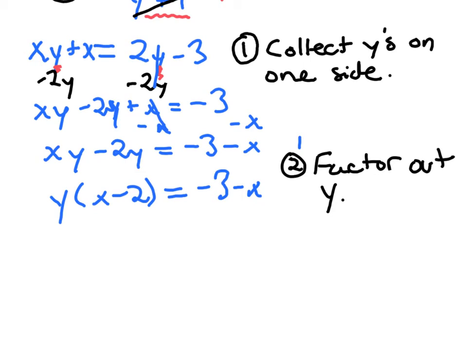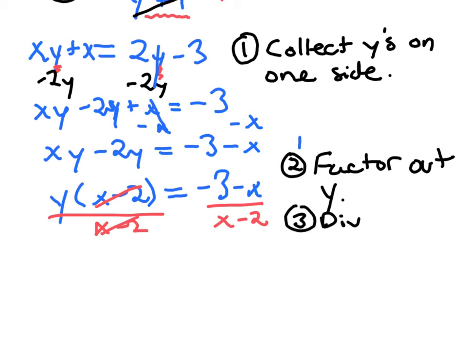And then one last step, divide by this other factor to get y by itself. So divide by x minus 2 on both sides. And I'll list that as my third step here: divide by any remaining factors to get the desired variable by itself.